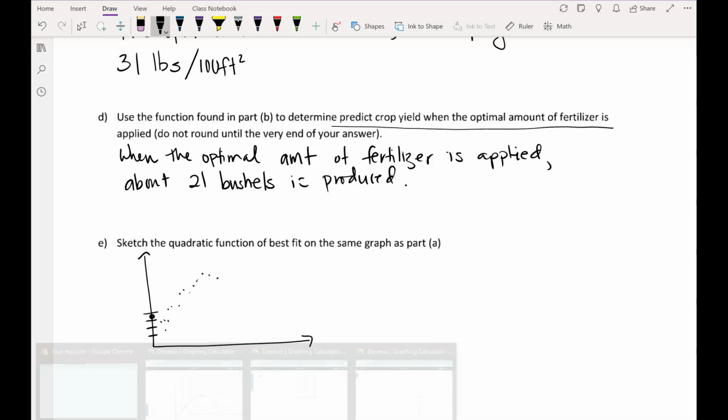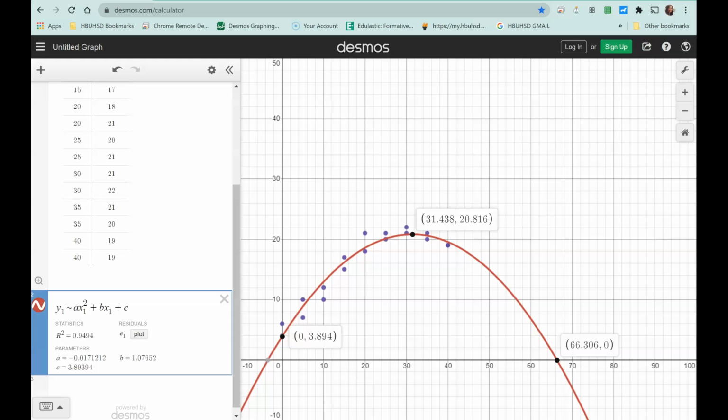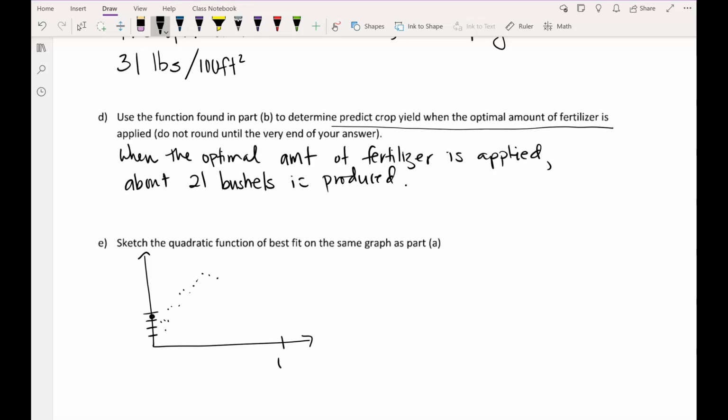And then go back to the decimal and where that is 66-ish. Okay, so approximate that, eyeball that for me. And over here, you can write about 66 and go like that. And label your x-axis. So x-axis would be fertilizer. And y-axis would be bushels. Okay, yield. All right.